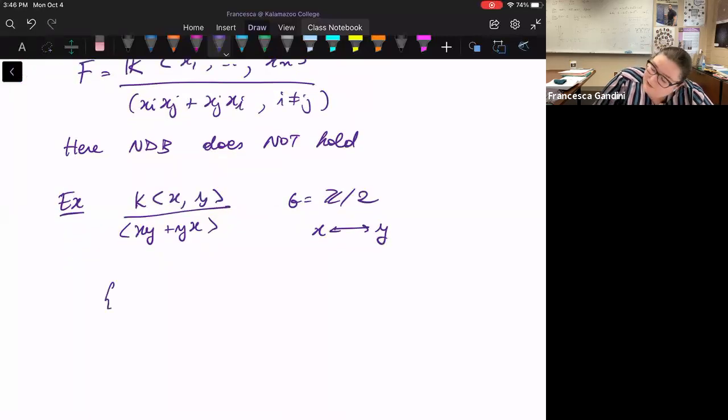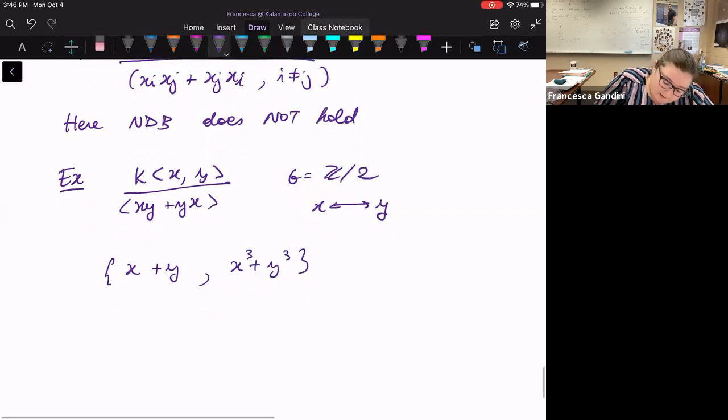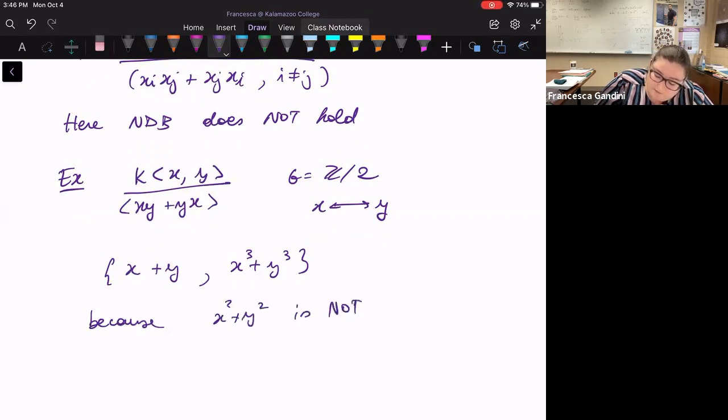A set of generating invariants is actually x plus y and x cubed plus y cubed, because x squared plus y squared is not minimal. Exercise.